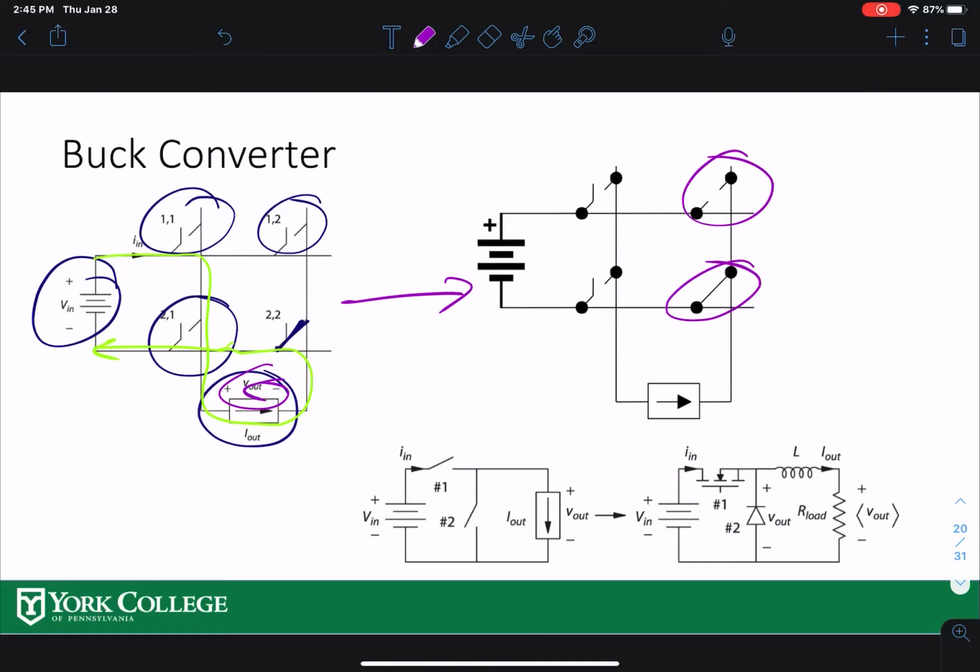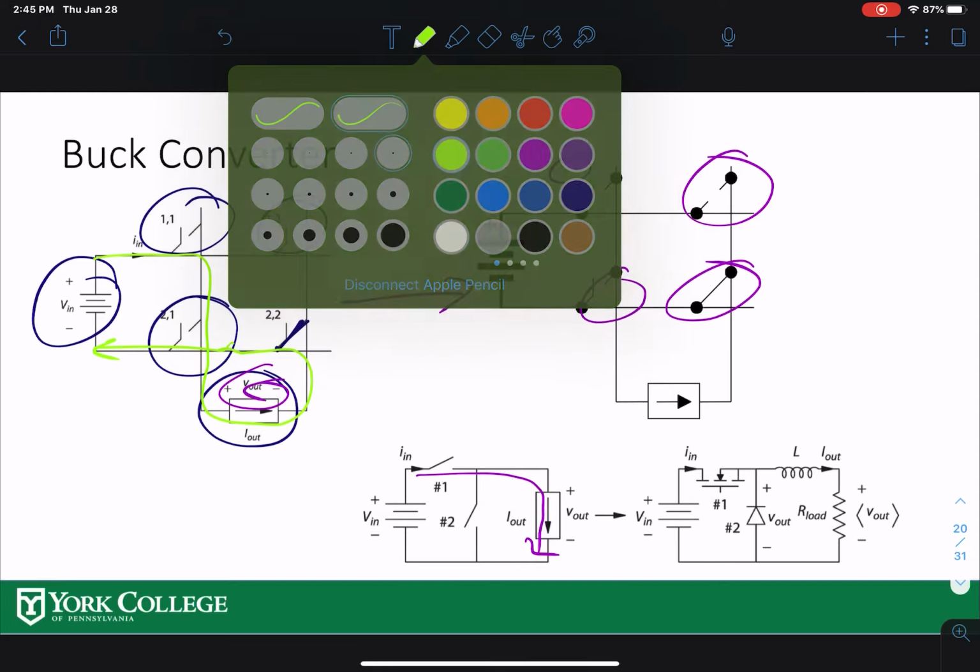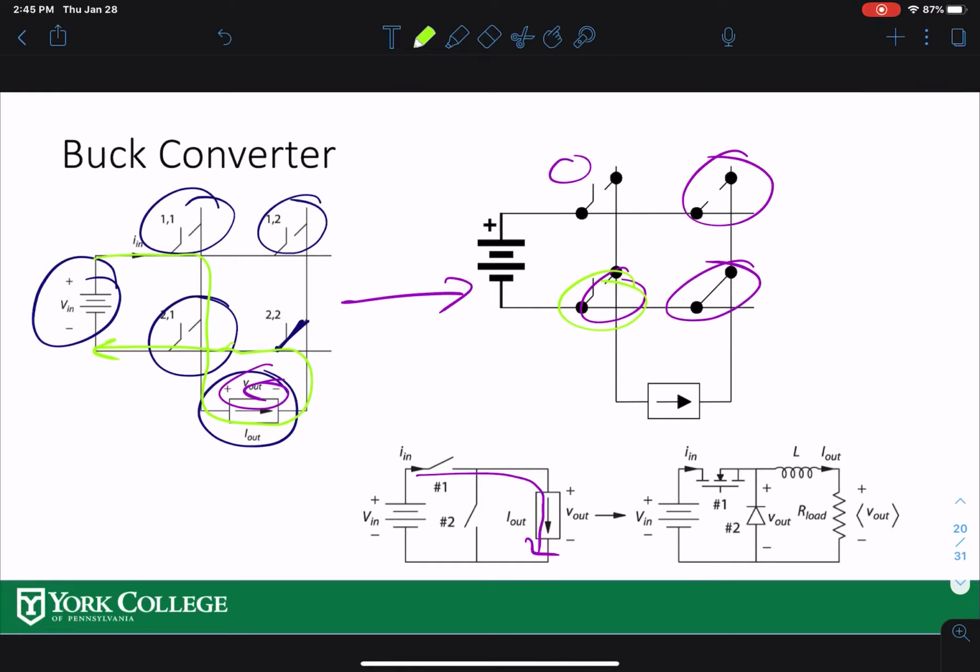I cannot do that because I'll violate the KVL. So I have to deal with these two. When this one is on, as I said, you go from input to output current. When this other one is on, you're going to circulate in here. So I need to control these two switches.